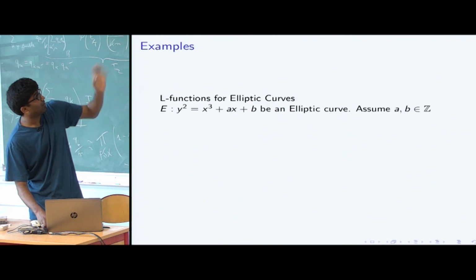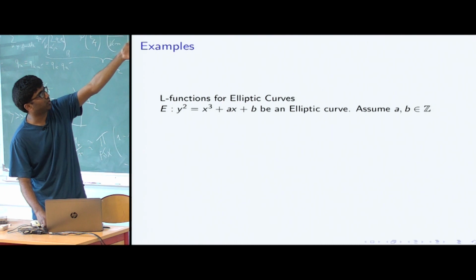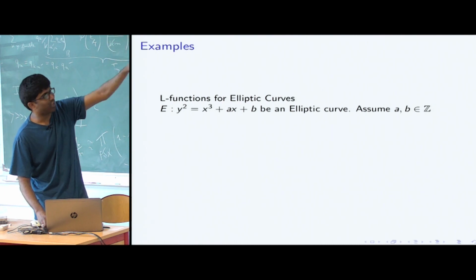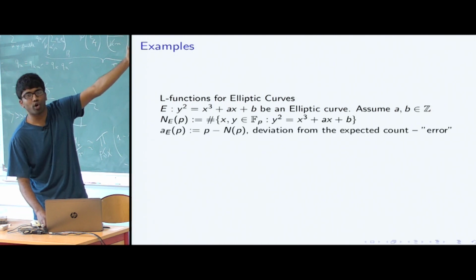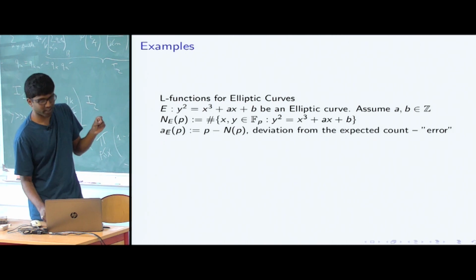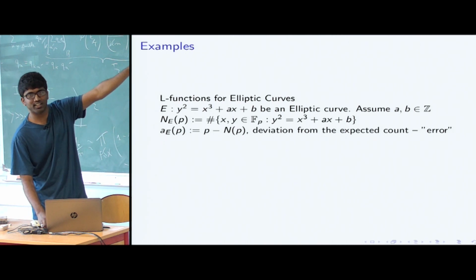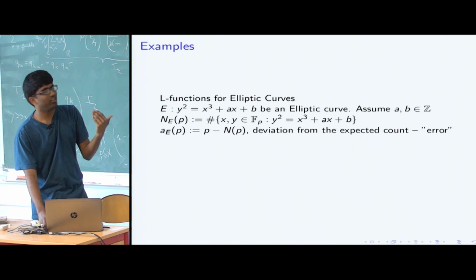Okay, next example is the L-function for an elliptic curve, y squared equals x cubed plus ax plus b, where a, b are integers, and with non-zero discriminant. Now you count points on this curve mod p. Let's call the number of points N_E(p).